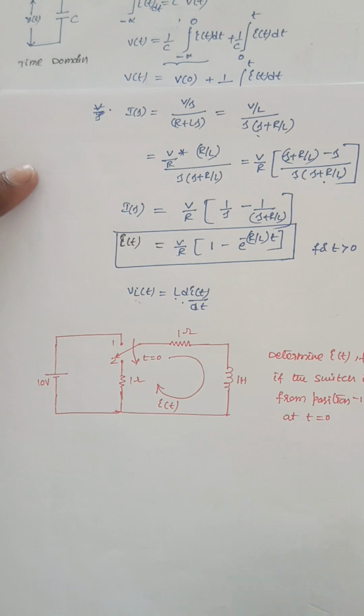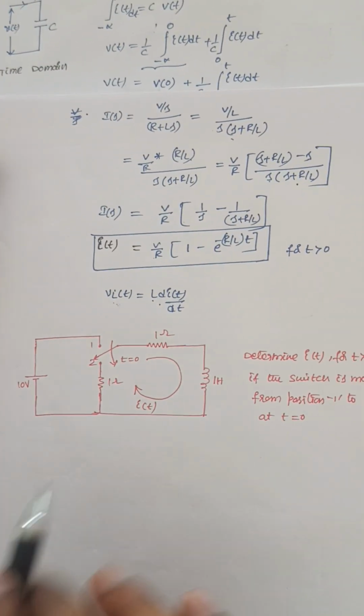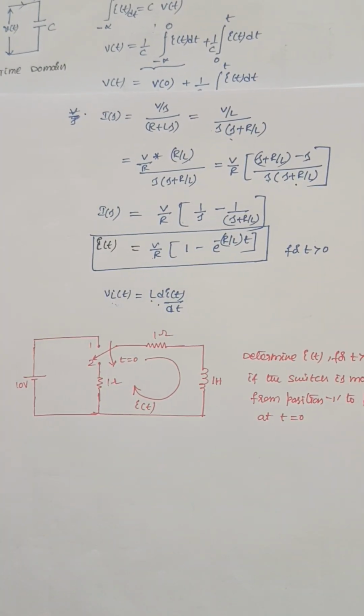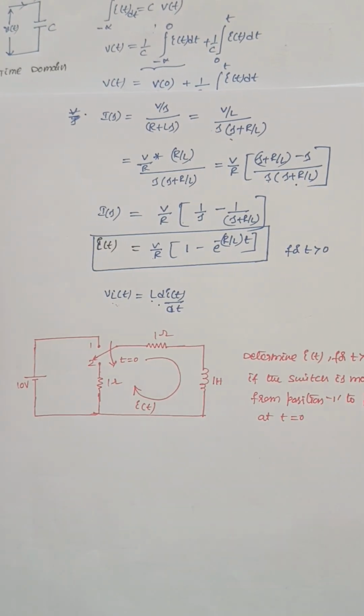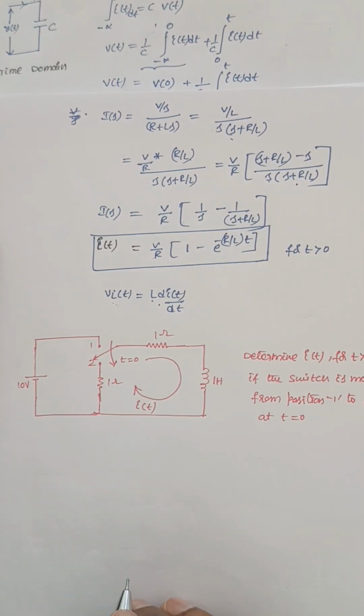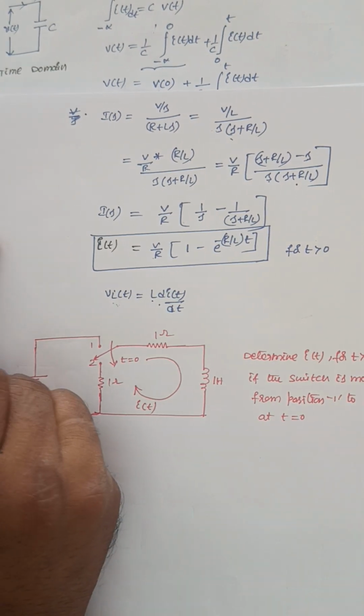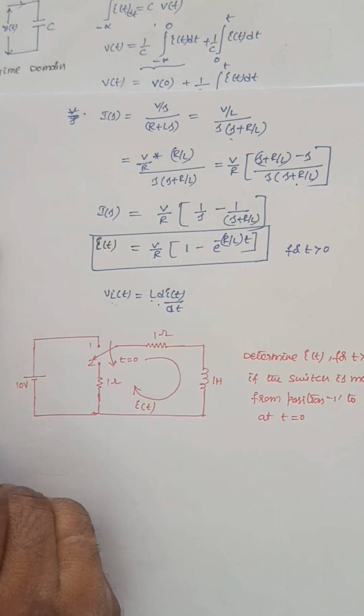So I need to find this I of t expression for t greater than 0 if the switch is moved from position 1 to position 2 at t is equal to 0. So what I have to do here is how to solve this type of questions.